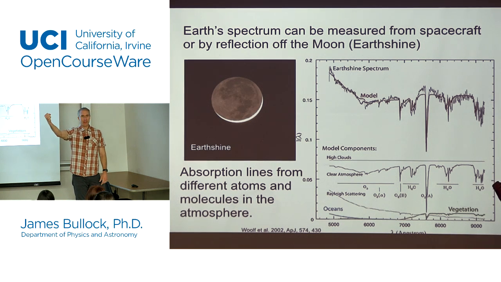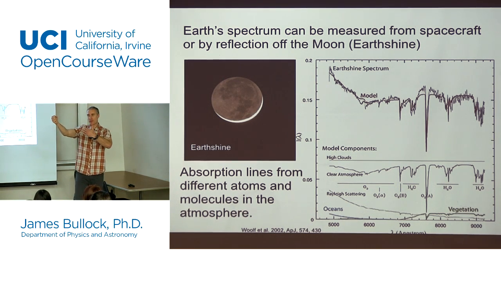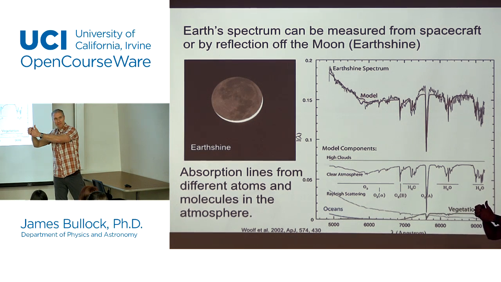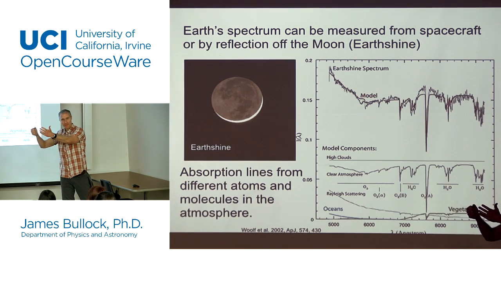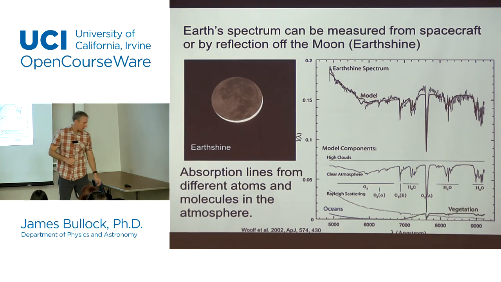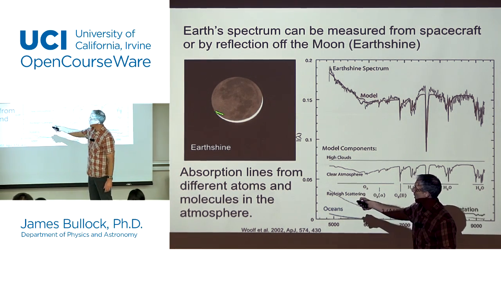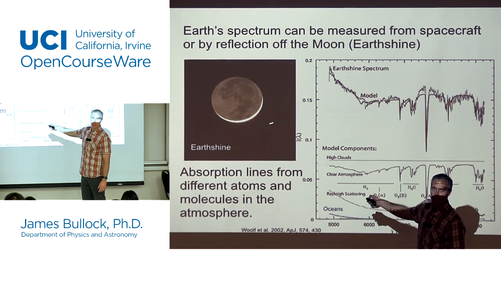You've got the moon sitting there, right? And light from the sun bounces off the Earth, and that light hits the moon and bounces off. And so we've done studies with spacecraft of looking at the light that bounces off the moon. That's called Earthshine. And in fact, when you look at the moon sometimes, you'll see a crescent moon, for example.